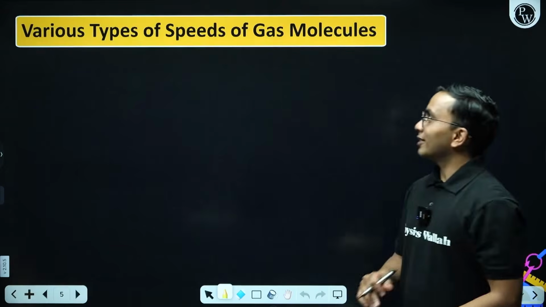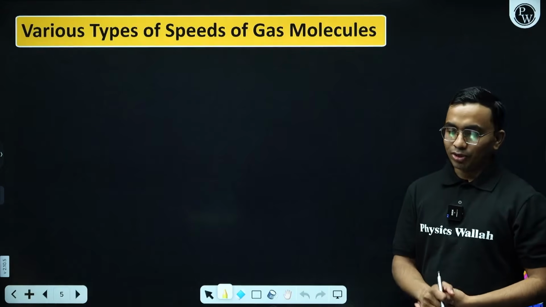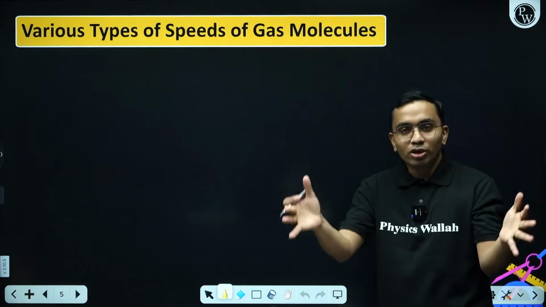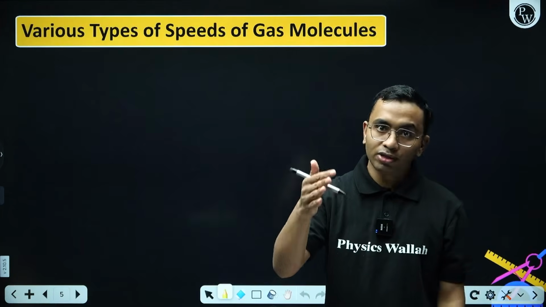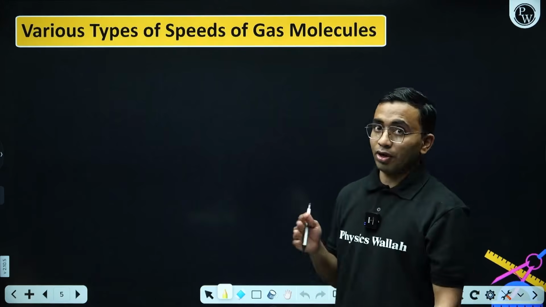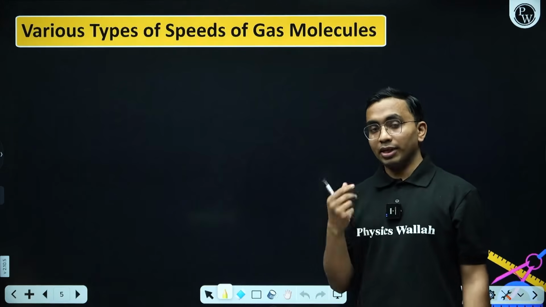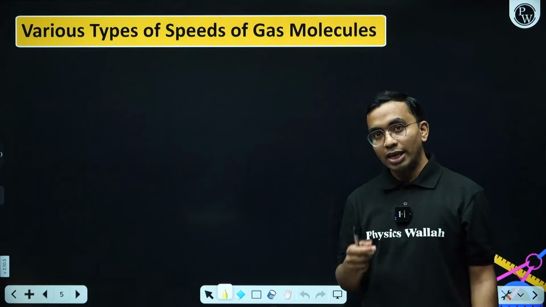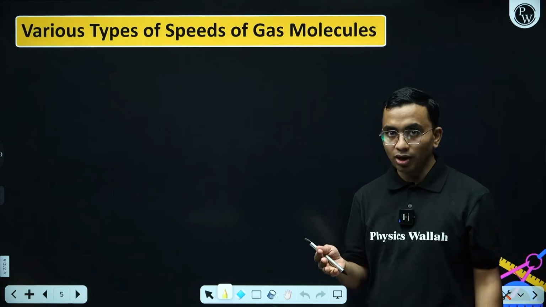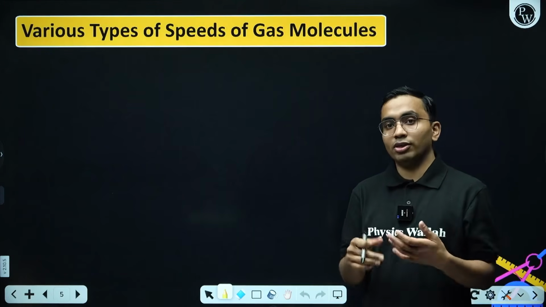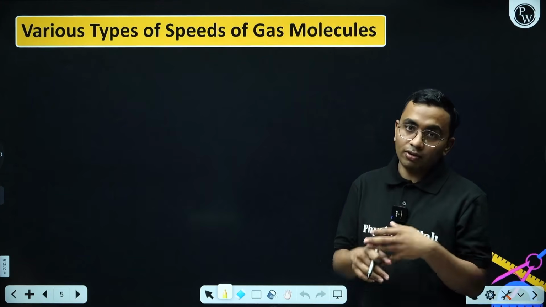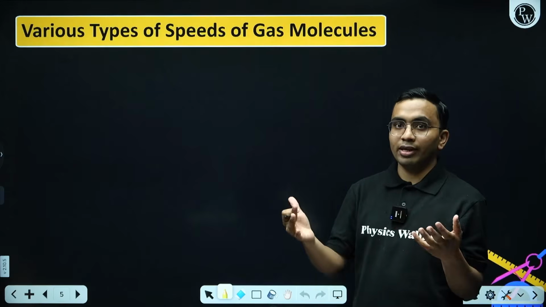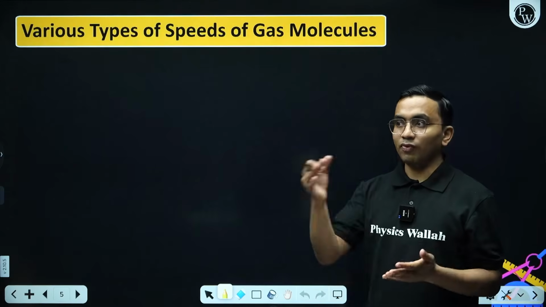Okay, now various types of speeds of gas molecules. There are so many molecules, of the order of Avogadro number, 6.022 into 10 to the power 23. Now, does each molecule have the same speed? No. Each molecule does not have the same speed, so the speeds are different, and the speeds will be changing also, because of collisions with other molecules and with the wall.